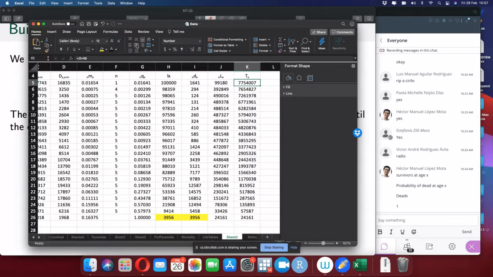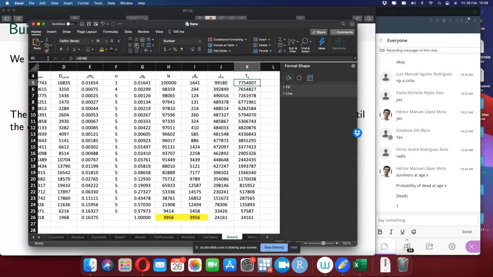So what do I need that for? This is the total number of person years, the total number of years this population of 100,000 is going to actually live if I start at age 0. So these are the number of years they are going to live from age 0 all the way until the last of them dies. Cool.